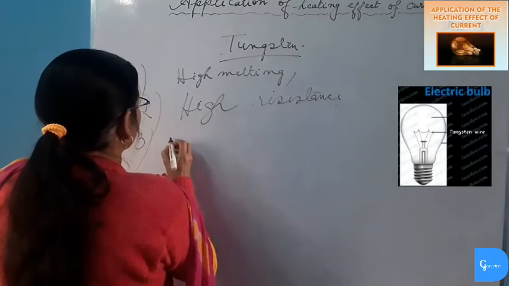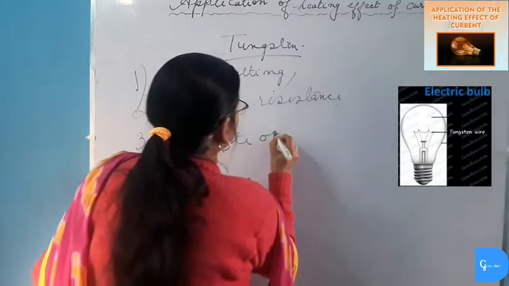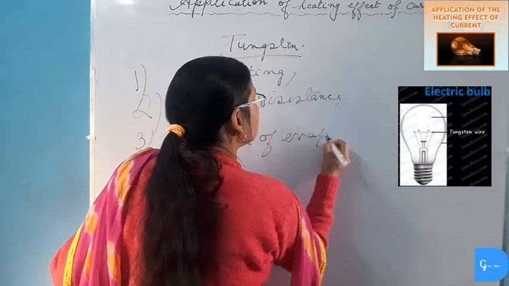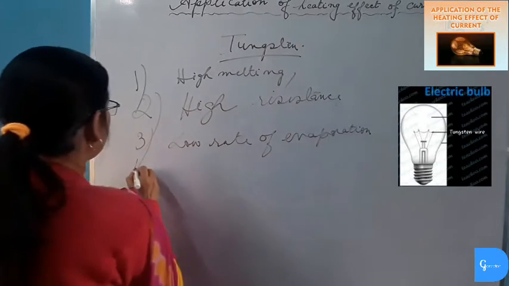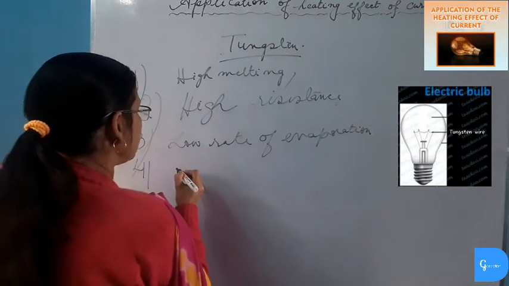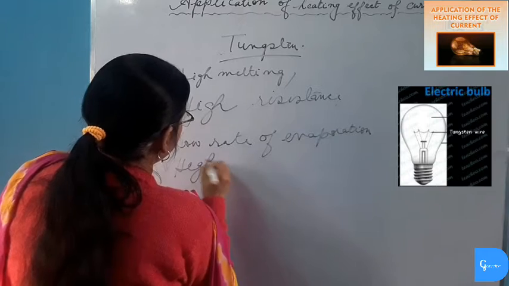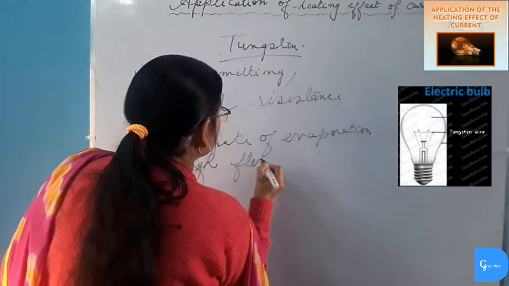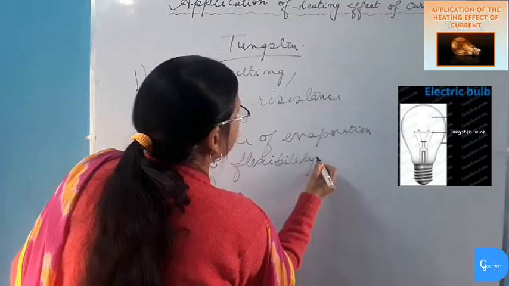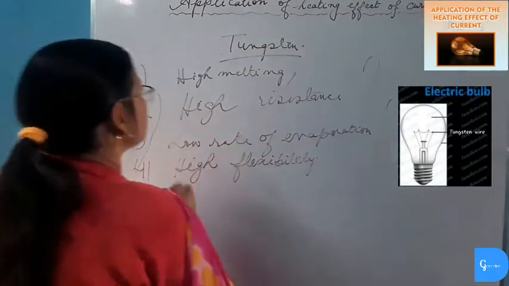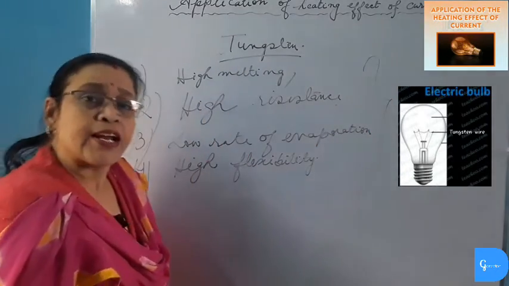Tungsten filament has also very low rate of evaporation. And the last, tungsten wire has very high flexibility. Thus, these are the reasons why tungsten wire is used as a filament wire in electric bulb.